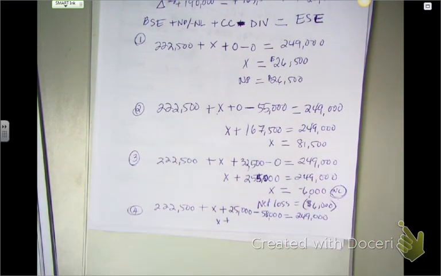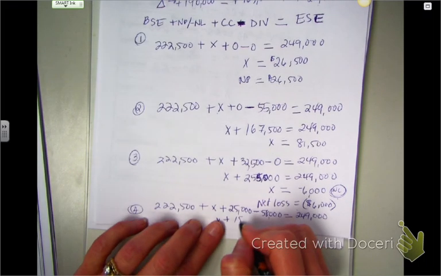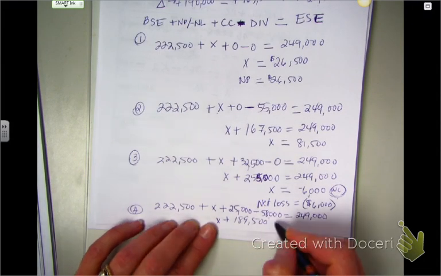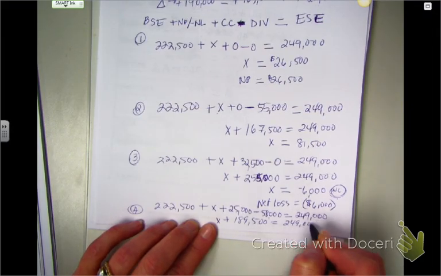X, it's not actually a plus in this case, is it? I mean, it is, but 222,500 plus 25,000 minus 58,000. We get 189,500. Okay, so X plus 189,500 equals 249,000.